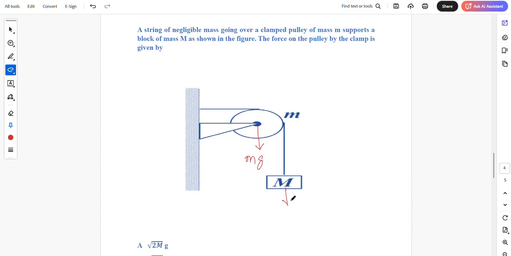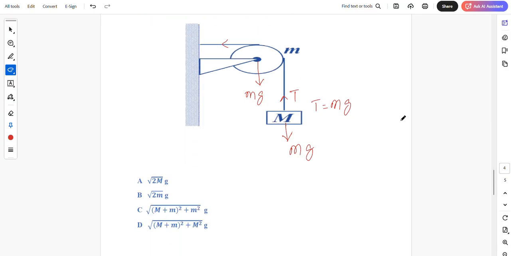Here weight will be capital Mg, and this will be the tension in the string, that is T is equal to what? Mg. Now, the string of mass m supports a block of mass M as shown in the figure. The force on the pulley by the clamp is what you are supposed to calculate.